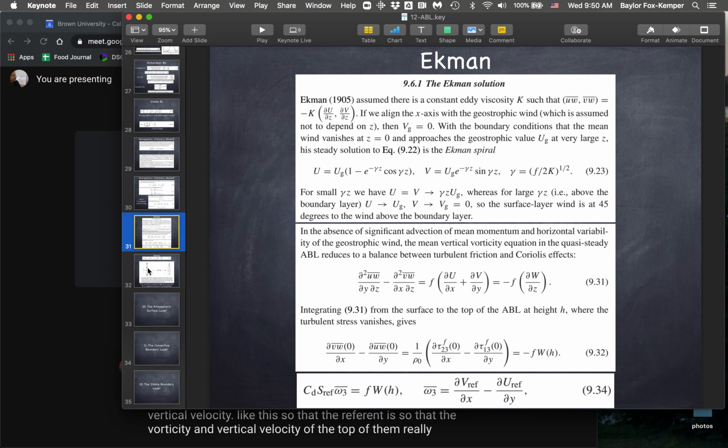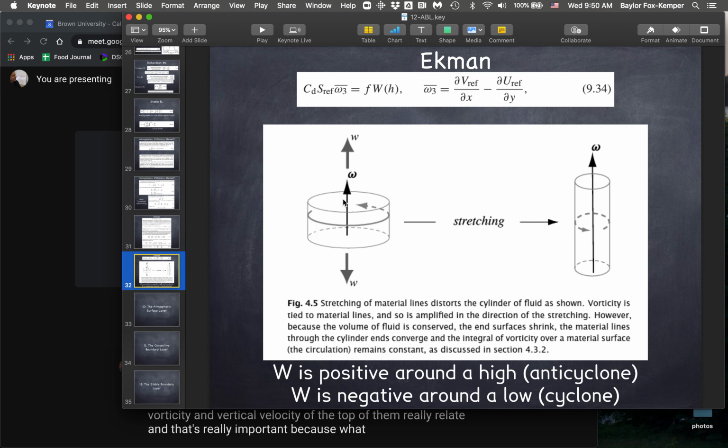And that's really important because if we think about it like this, here's our boundary layer, here's our surface stress. If we have a positive vertical velocity at the top of the boundary layer, we are stretching and accelerating the vorticity within the boundary layer.